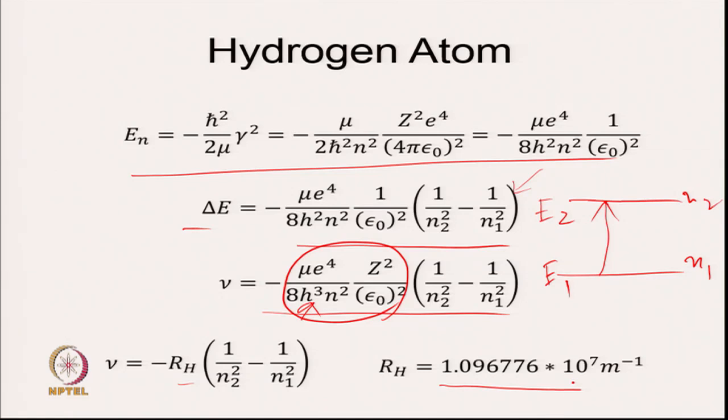Please keep in mind this is in meter inverse, whereas frequency is in hertz, so you need to convert this. This is basically a wave number unit, and you need to convert it into a frequency unit. Then the frequency associated with the transition in the hydrogen atom will be given by this equation.